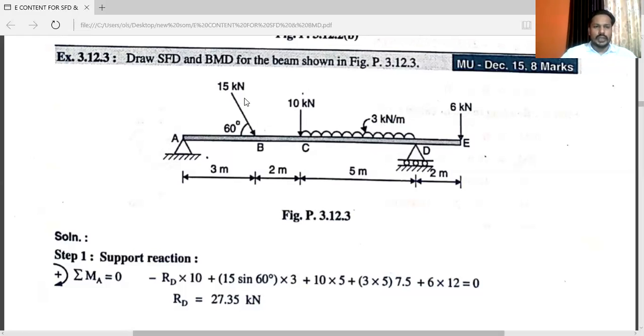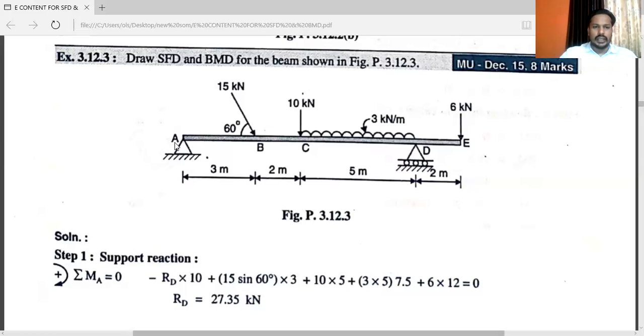We know that the first step is to draw the free body diagram and show the support reactions. At A there will be two reactions, one vertical and one horizontal.